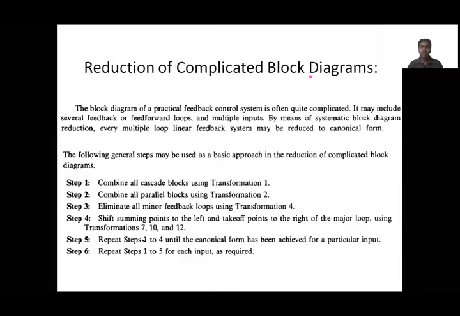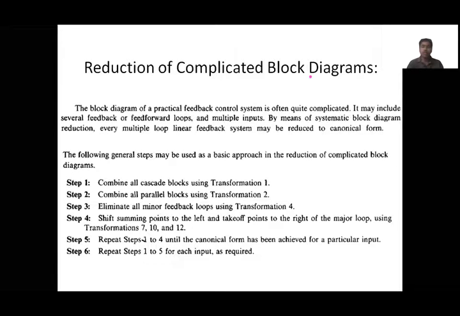The next step is to shift the summing points, where convenient, to reduce the block diagram further. Take a look at the summing points where we can shift before the block or after the block to make further simplification. Next, repeat these steps.